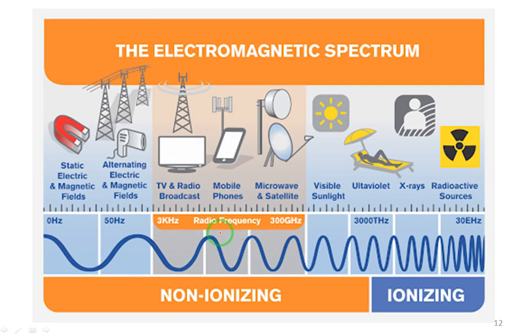First the radio waves, then the microwaves, then comes infrared, it is not shown here, then the visible light, then the ultraviolet rays, X-rays, then the gamma rays, which are radioactive sources. All these form the electromagnetic spectrum, and they are in the range from 0 Hertz to 30 EHertz.